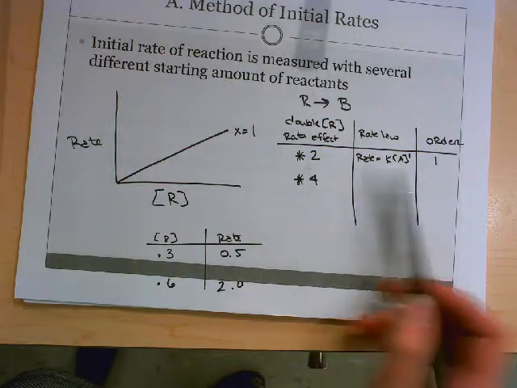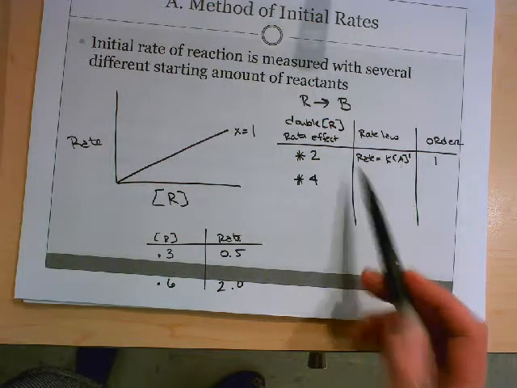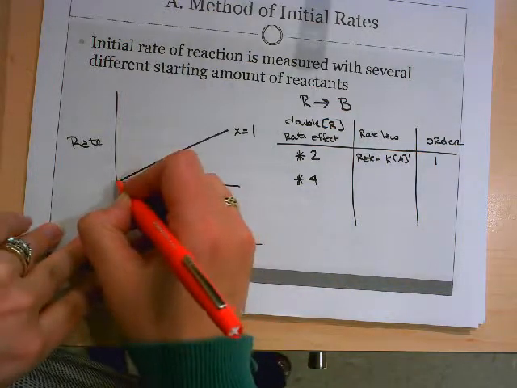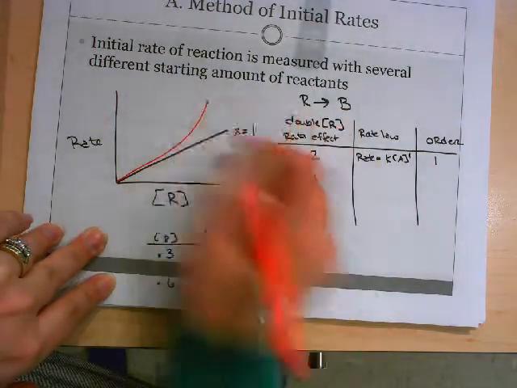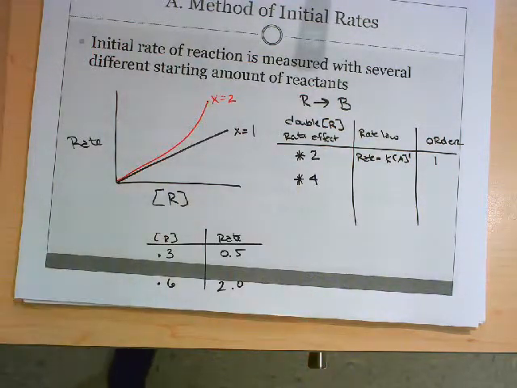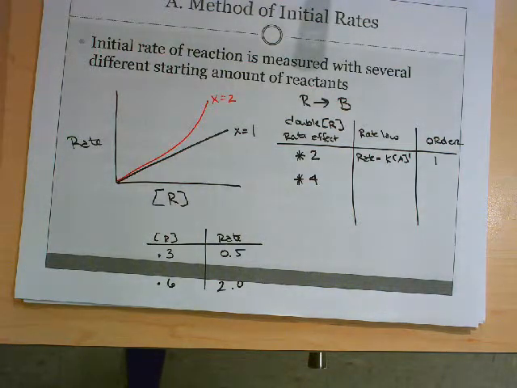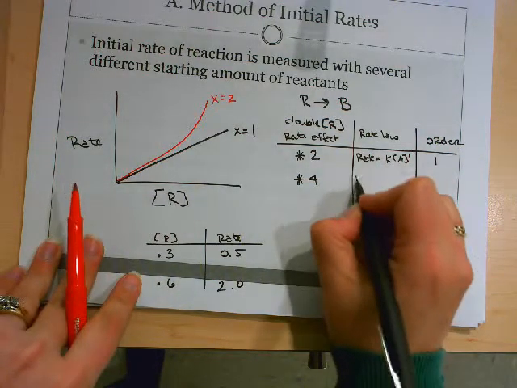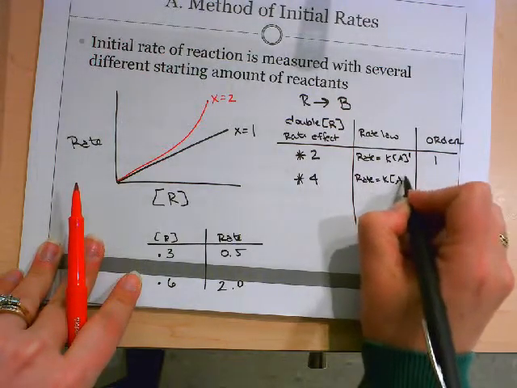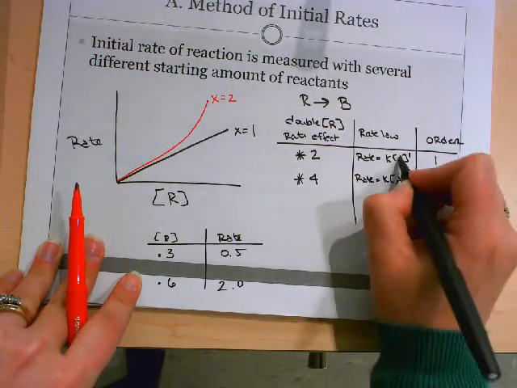If it was directly proportional, it would be a straight line. This is now going to be kind of a curved line, an exponential curve. Sorry, I was using R's.